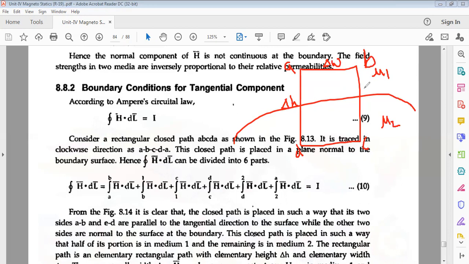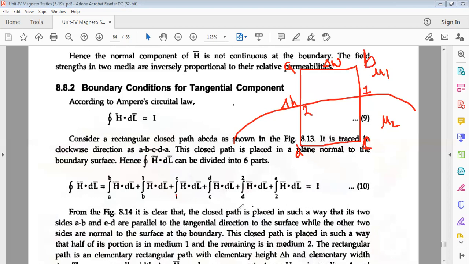At the boundary, the second integral B to 2, then 2 to C, then C to D, the fifth integral D to 2, and the sixth integral is 2 to A. H bar dot dl bar is equal to I.